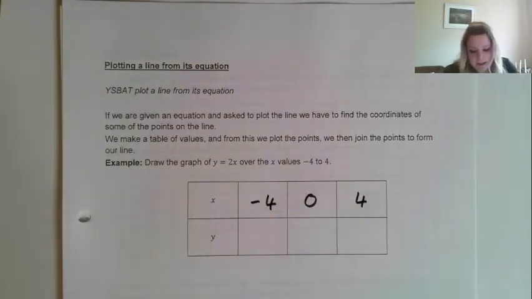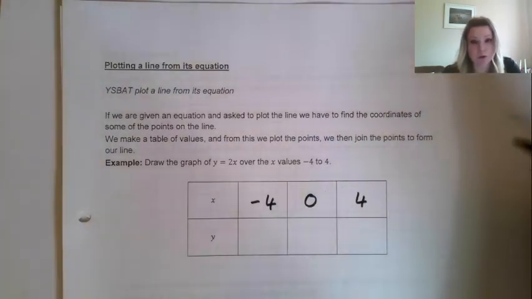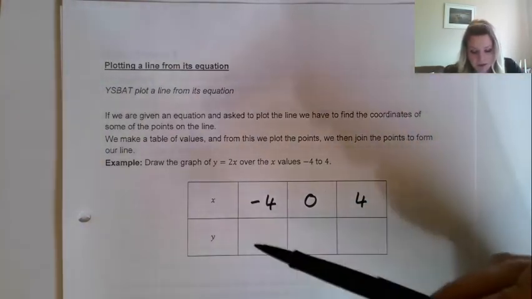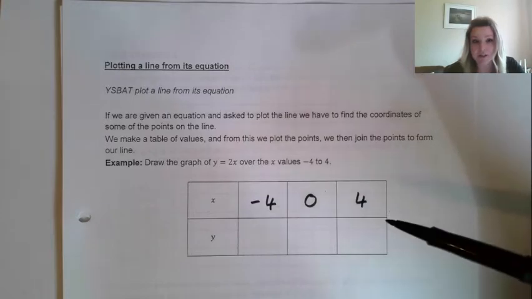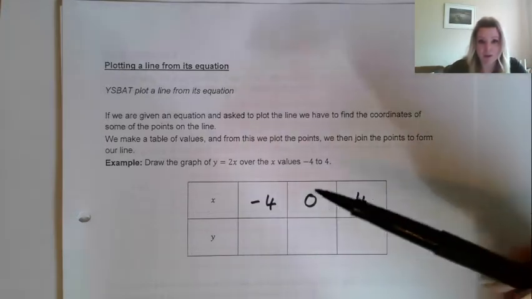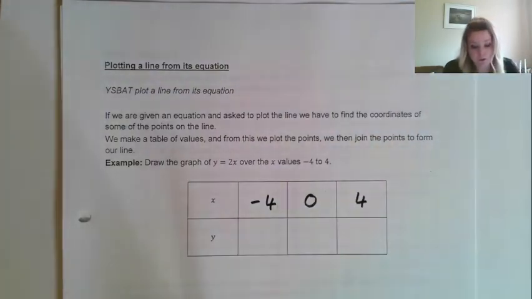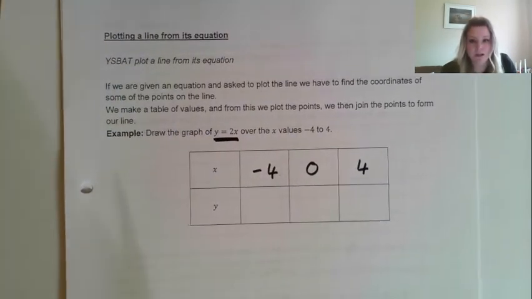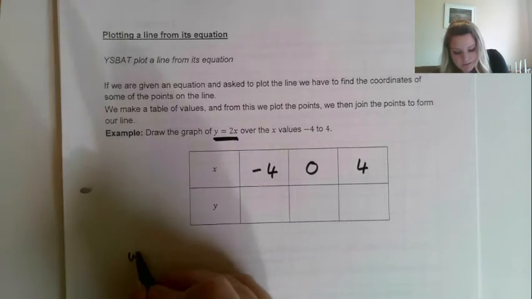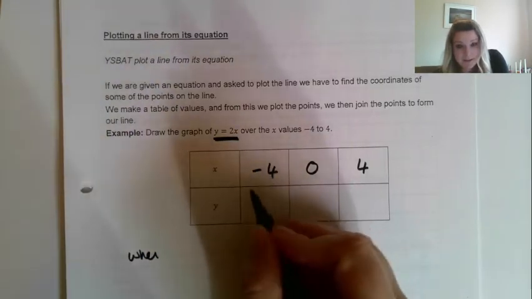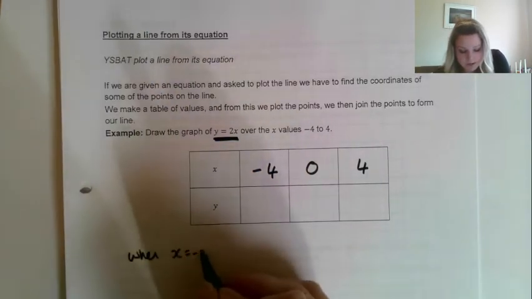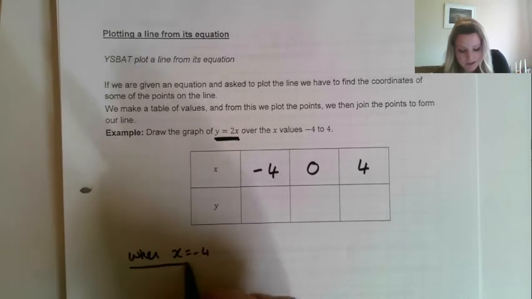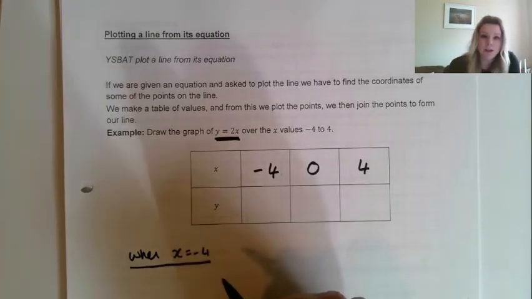So let's see, we have to figure out what coordinates we're going to be plotting. So we've picked our x values, and we have to find the corresponding y values of the coordinates. So we're always going to be using this little equation to do that. So whenever x is minus 4, which is here, we have to find the corresponding y value.